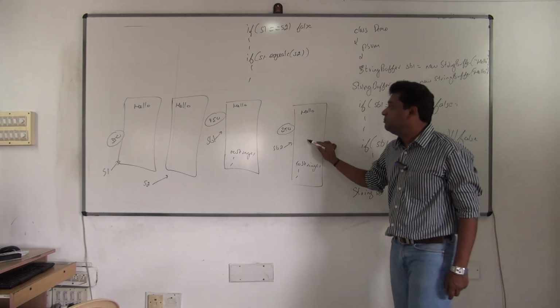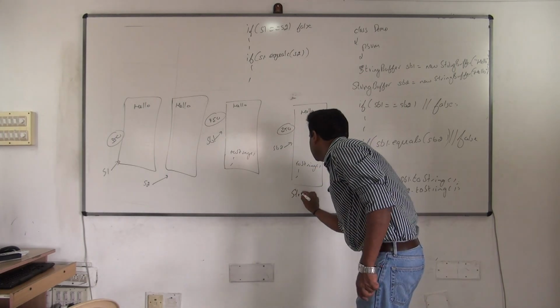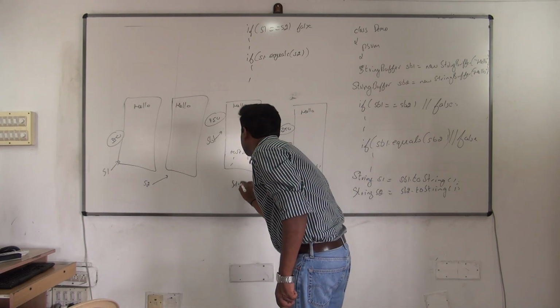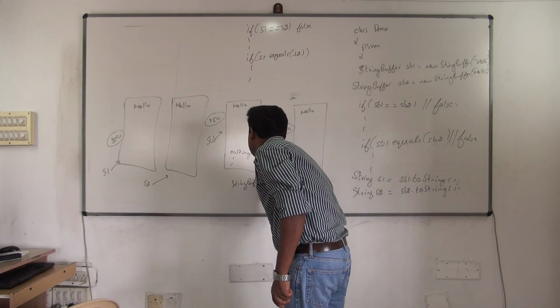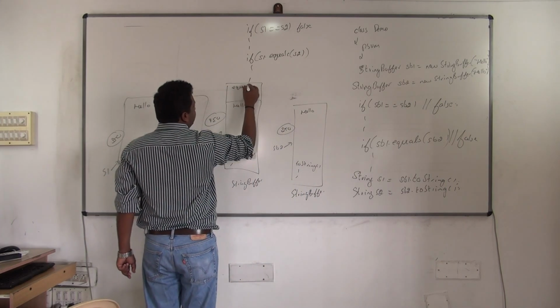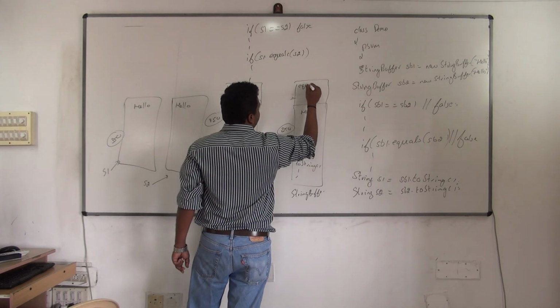See, this is StringBuffer. In StringBuffer, equals method has not been overridden. These are both StringBuffer objects, and it will be invoking the equals method from where? The superclass. And these are the members of what?